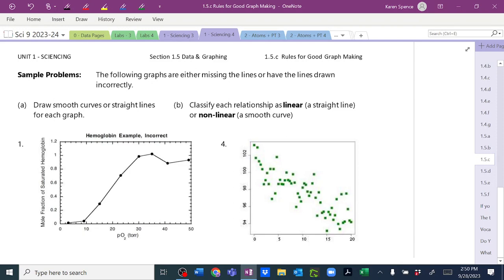Try and draw a smooth curve or a straight line for each graph. You're going to classify each one as either linear, a straight line, or non-linear, a smooth curve. So either correct the line or draw the line. Use pencil in case you want to change it later.